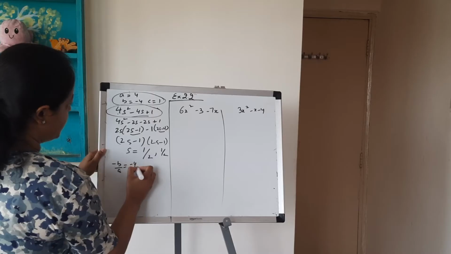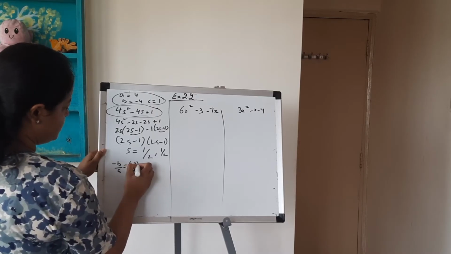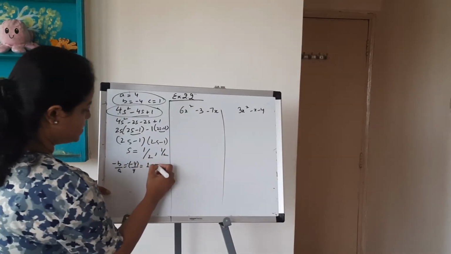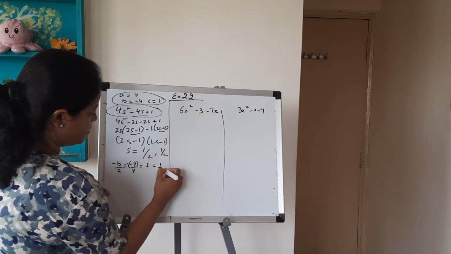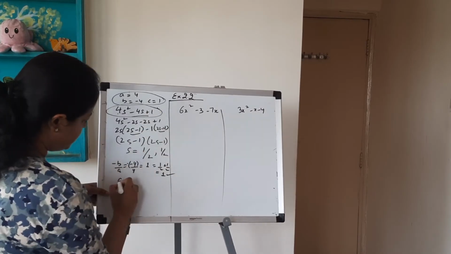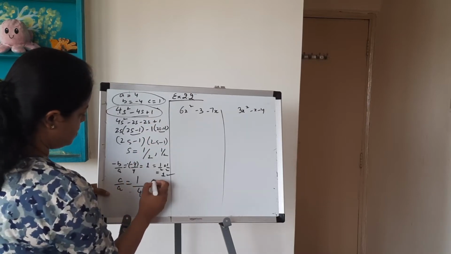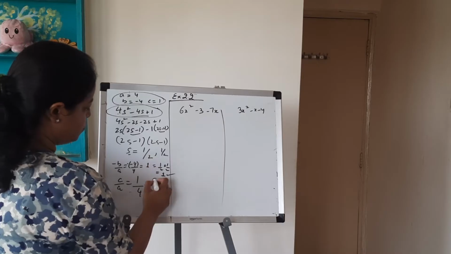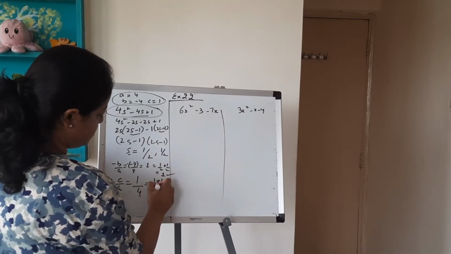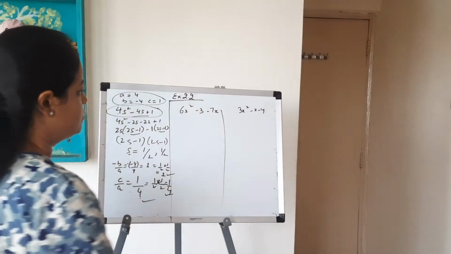It is minus of minus 4 by 4, which is 1. And alpha plus beta is 1 by 2 plus 1 by 2, which is 1. Proved. What is the product? C by a: c is 1, a is 4, so 1 by 4. And the product of the zeros is 1 by 2 times 1 by 2, which is 1 by 4. Hence proved. Let's move on to the next question.